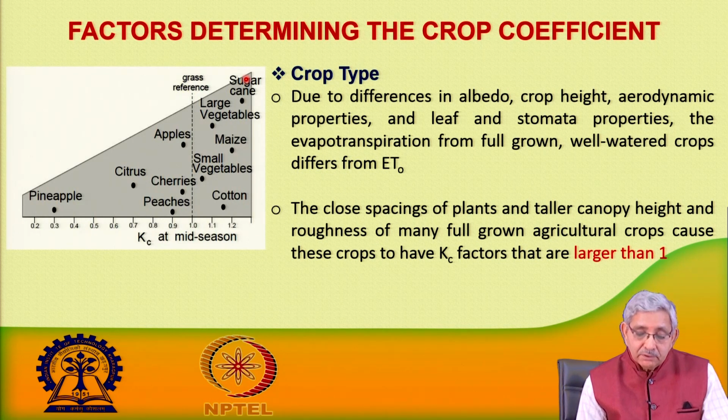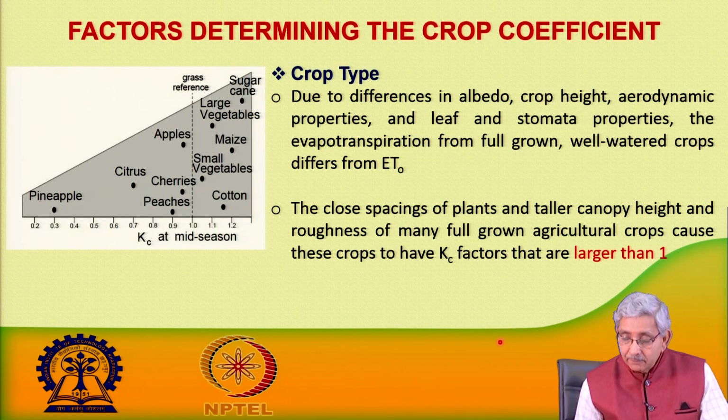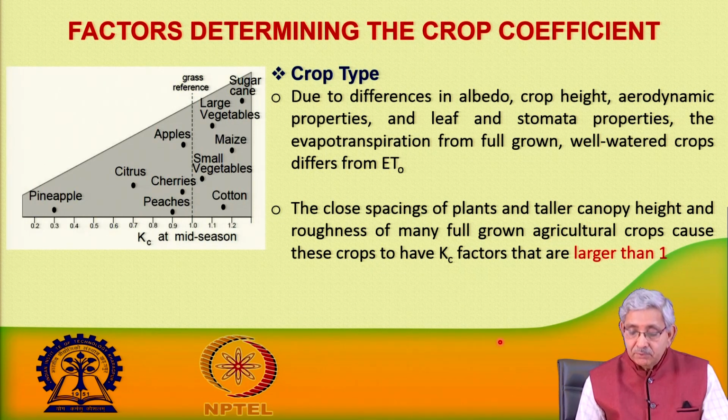Why is it so? Due to difference in the albedo, meaning the reflectance characteristics of the crop, it influences the crop coefficient value. Crop height and aerodynamic properties, meaning the leaves, the canopy structure and the shape of the leaf, also influence the value of crop coefficient. Stomata property: the evapotranspiration from a fully grown, well watered crop differs from ET0.